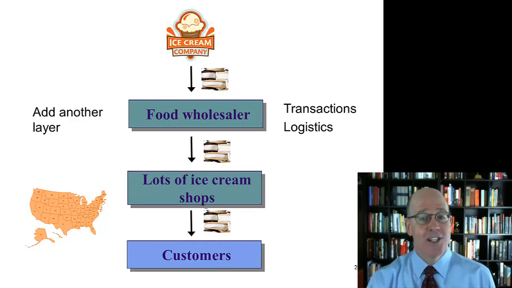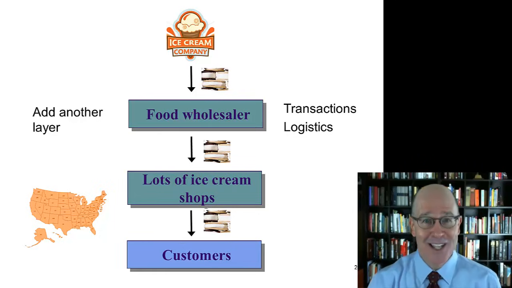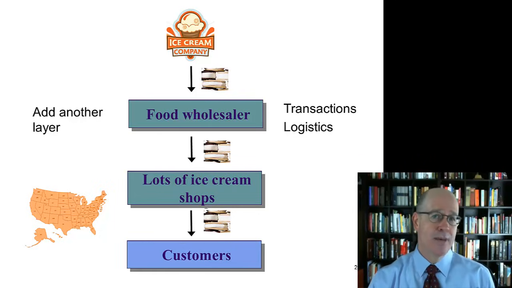In this case, we may want to add another layer to our channel of distribution strategy, a food wholesaler who can help us handle the large amounts of transactions and logistics involved with getting thousands, hopefully tens of thousands, of ice cream sandwiches from us to our customers.